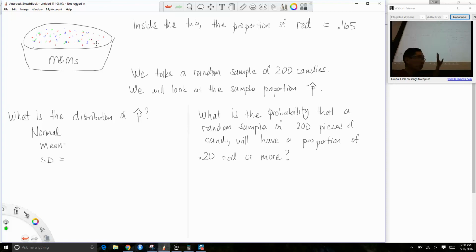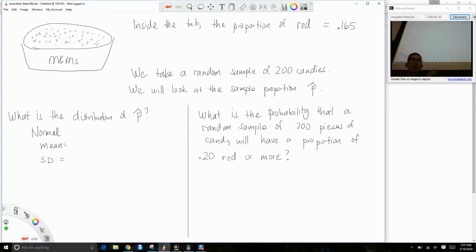And so my question is, what's the probability that my random scoop of 200 pieces of candy ends up being 20% red? Because the tub is only 16.5% red, or 0.165, but I'm saying, if I take a random scoop, could I get 20% red or more? And if so, what's the probability that that's going to happen?